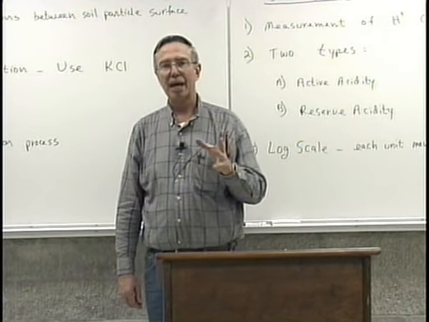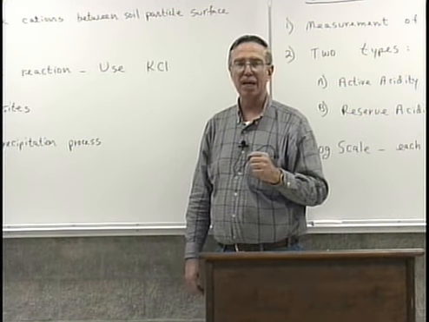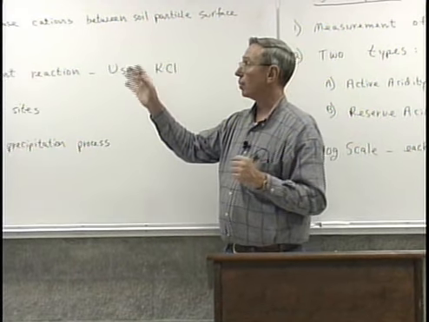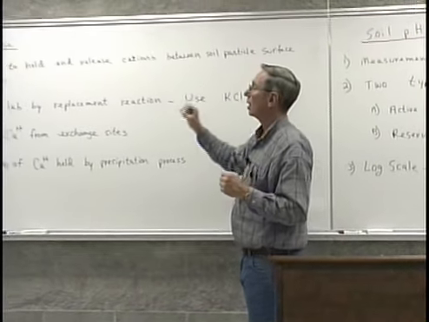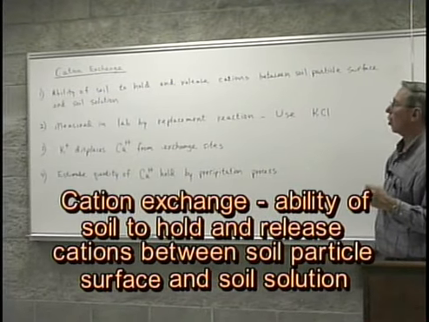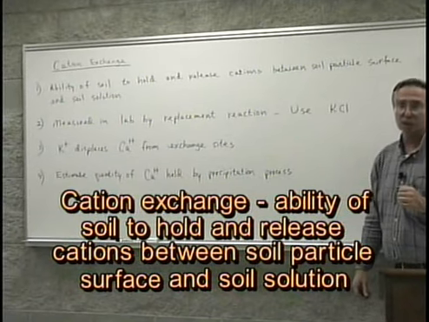Other than soil pH, the other chemical property of the soil that we're going to be measuring today is cation exchange capacity. I've listed a few notes here on the board for cation exchange capacity. We can define that as the ability of the soil to hold and release cations between the soil particle surface and the soil solution.